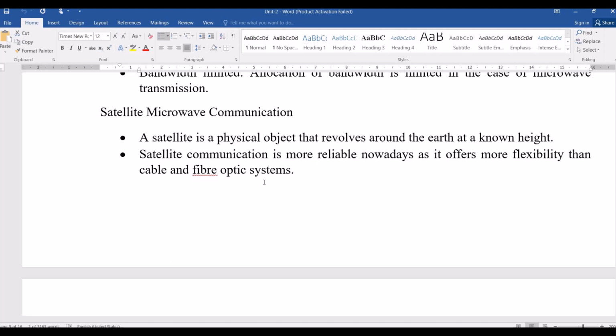Now, Elon Musk is also coming up with this SpaceX project to cover the whole world with high-speed internet using the SpaceX antenna.